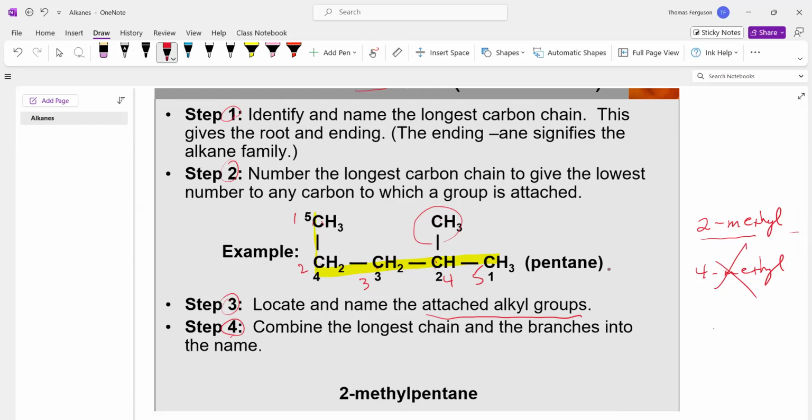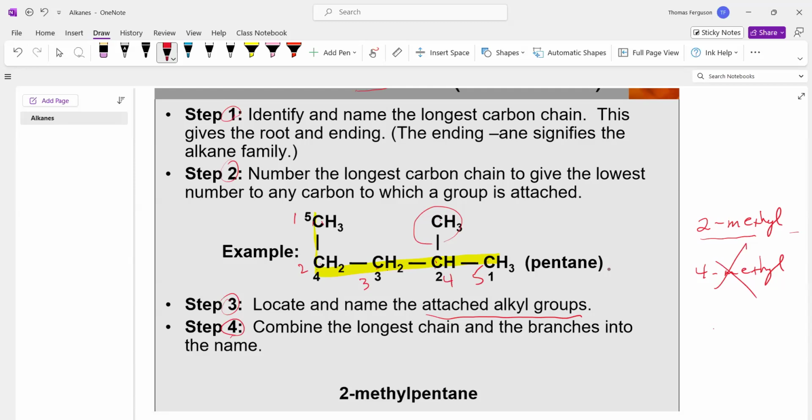Now, on a test, if you label this 4-methylpentane, and it's worth 6 points, I take off 1 point, because you really need to understand the structure. The reason I focus on naming is that you have to really look at the structure of the molecule.